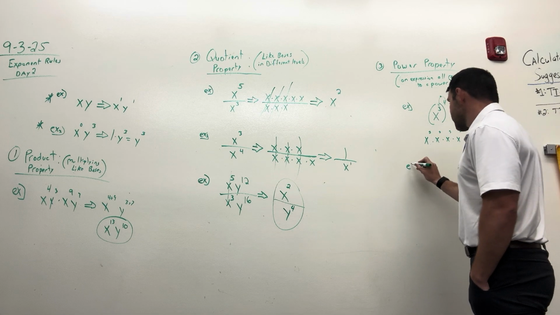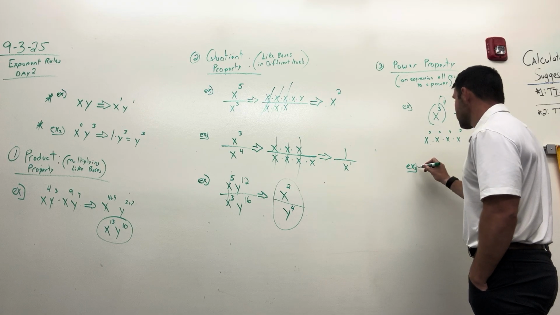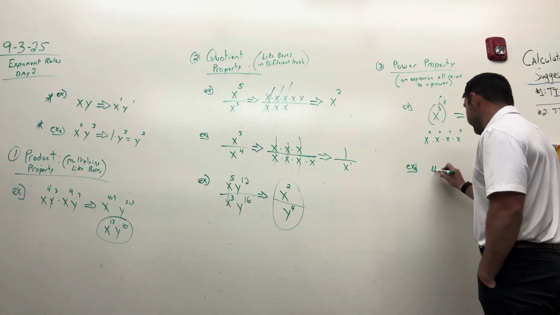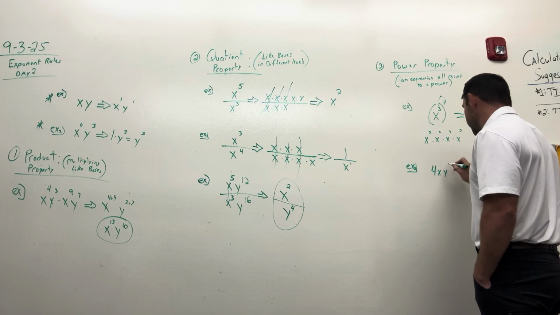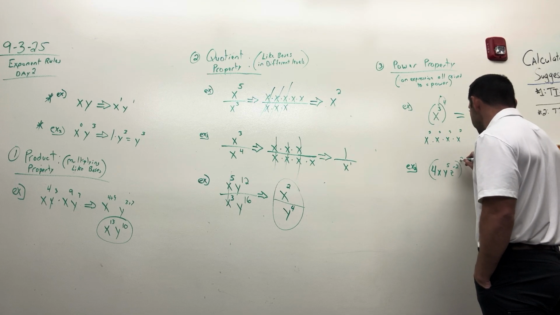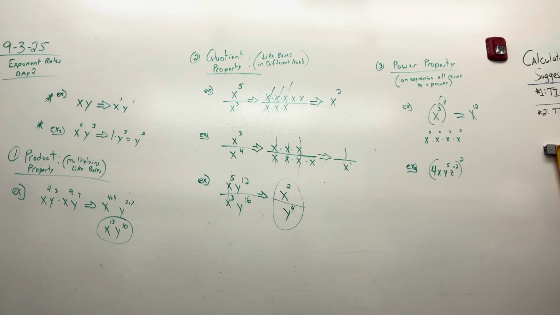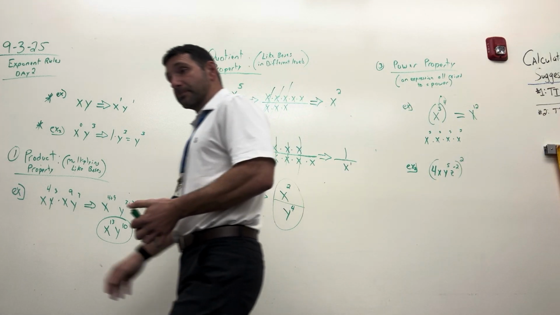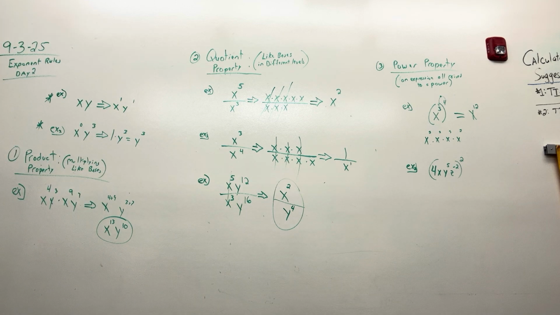But Mr. H, what if we've got something like this? And this is where it gets a little bit trickier. 4x y to the 5th z to the negative 2, all to the second. Okay. So we didn't do this yesterday. First step. What's missing?